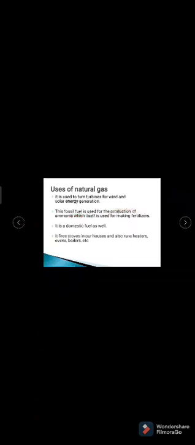Next, it is used as a domestic fuel, as we just discussed. It fires stoves in our houses and also runs heaters, ovens, boilers, etc. It is also used in the manufacture of carbon black, which is used as a filler for rubber.